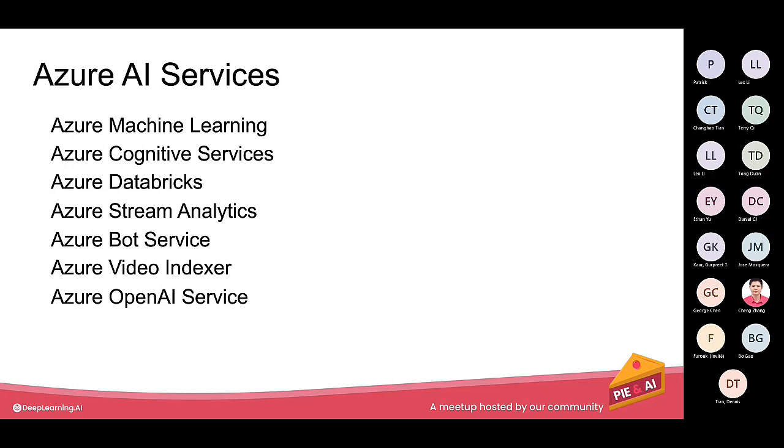And also on Azure, there are other kinds of services that are AI integrated. For example, Azure Stream Analytics. For example, if you want to analyze many tweets on the Twitter platform in order to predict the stock price in the coming hours or days, this kind of service, Stream Analytics, can help you, right?